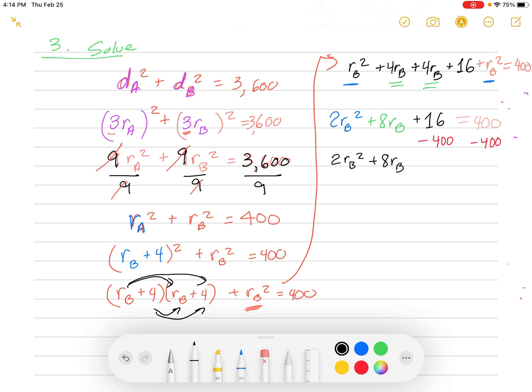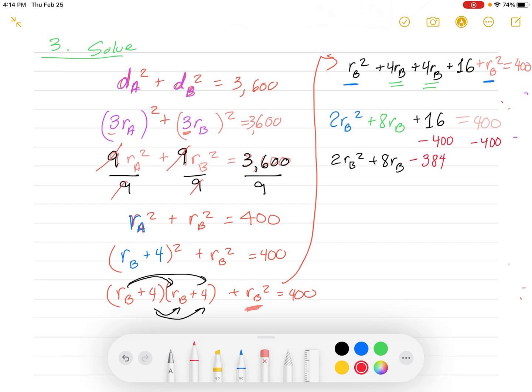2RB squared plus 8RB. And when I do the subtraction, 16 minus 400, what's 16 minus 400? That's minus 384.